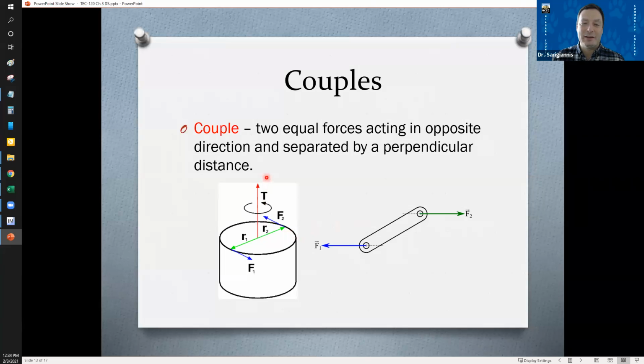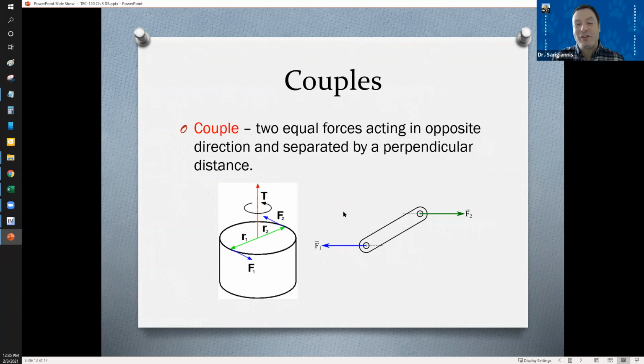This torque is a vector. For a vector acting in a plane like this, you have what's called the cross product. It's the cross of this force vector with the distance vector.